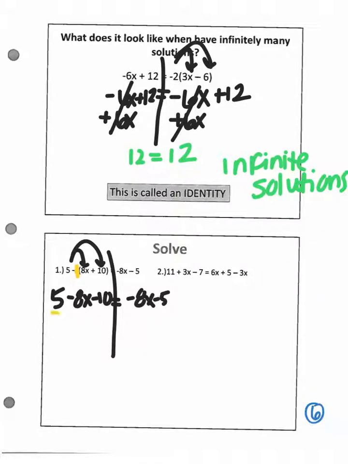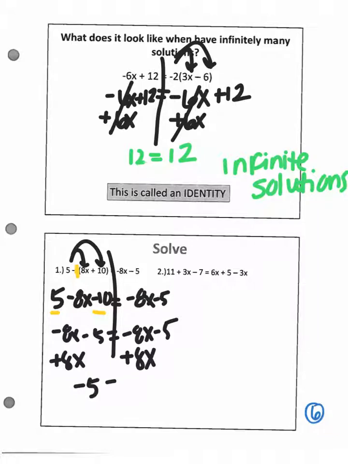So I've got 5 and negative 10 on this side, giving me negative 8x minus 5 equals negative 8x minus 5. I'm going to add my 8x to both sides, and I get negative 5 equals negative 5. If I look back at my 3 options, it's not one solution, it's not no solutions. This equation has the same exact amount on both sides, so we would say it has infinite solutions.